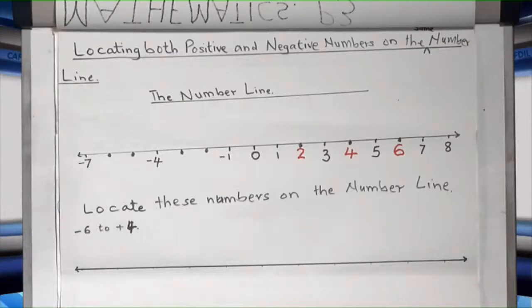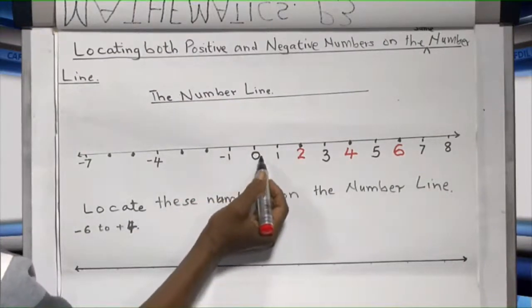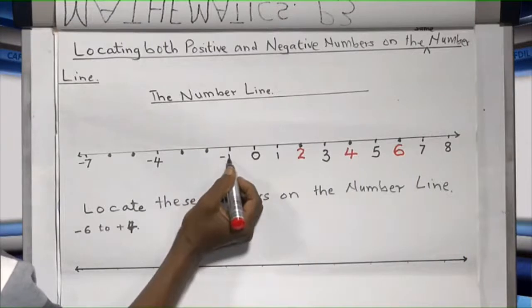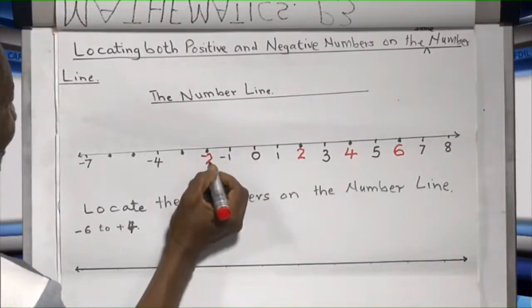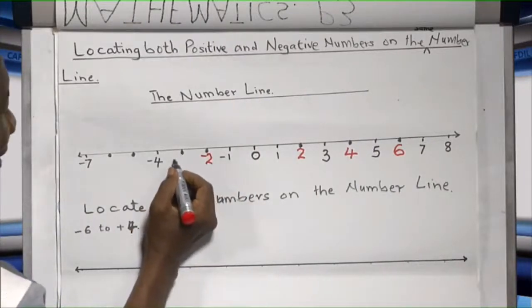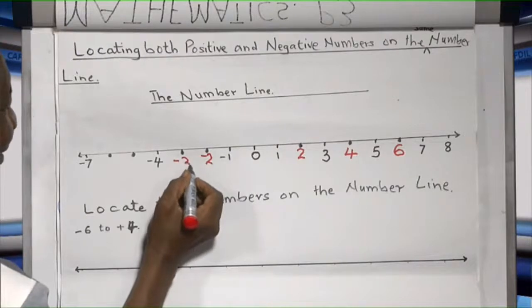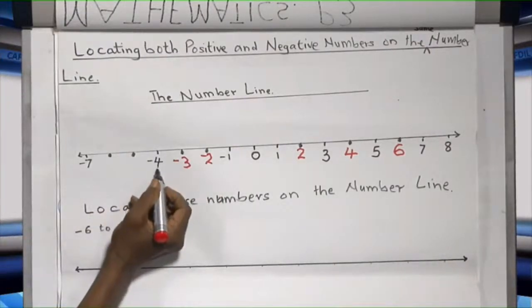Now let's come to the negative numbers. 0, negative 1. Then you go to negative 2. Here will be negative 3, negative 4.